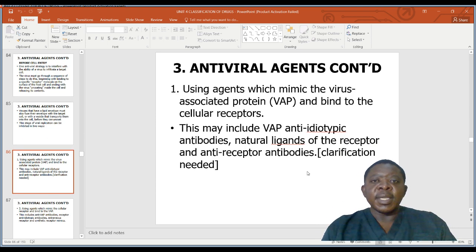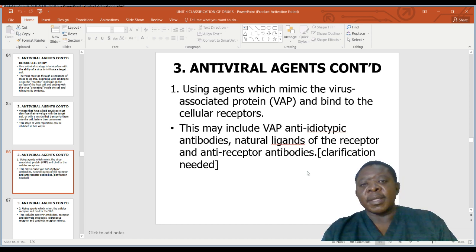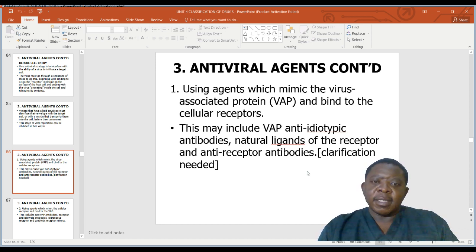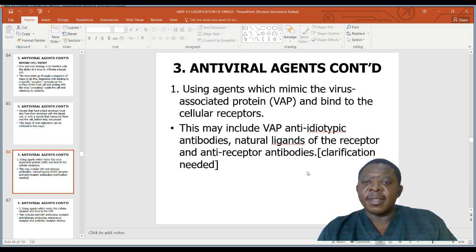First, using agents which mimic the virus associated proteins and bind to the cellular receptors. This may include virus associated proteins, anti-idiotypic antibodies or natural ligands of the receptor and anti-receptor antibodies.